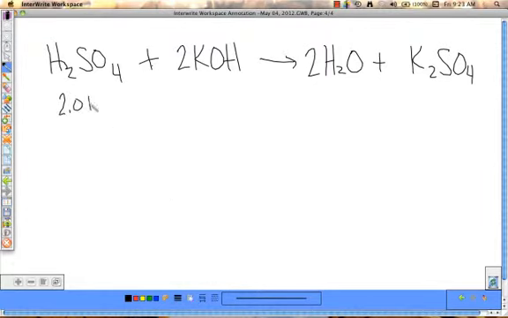And this is 1.0 molar, and it took 50 milliliters. Yes, SO4 is 2 minus. And we're looking for X milliliters. So we're trying to find how many milliliters that is.